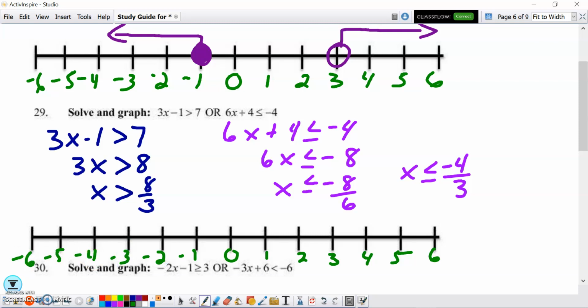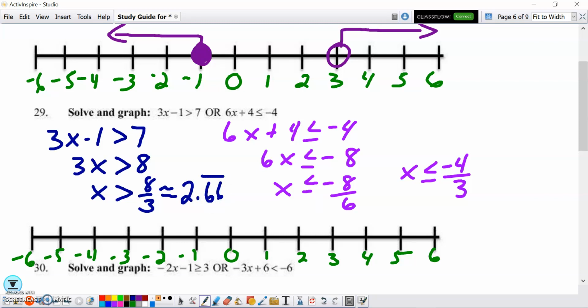All right, now 8/3. If you change that to a decimal, that is going to be approximately, let's see, 3 goes into 8 2 times. It's approximately 2.6 repeating.